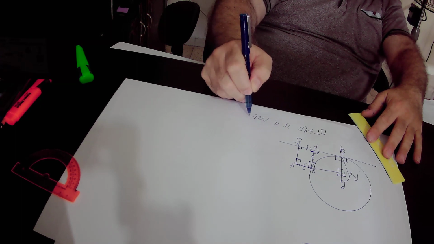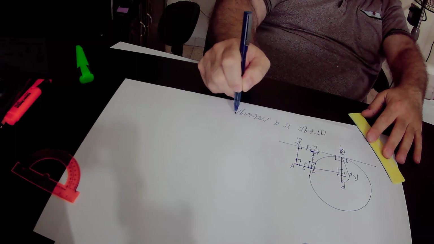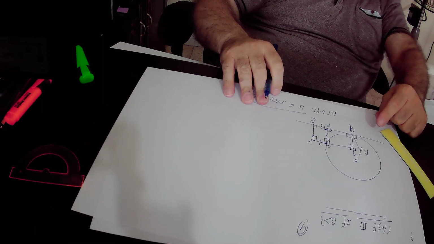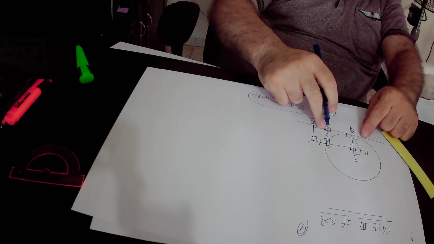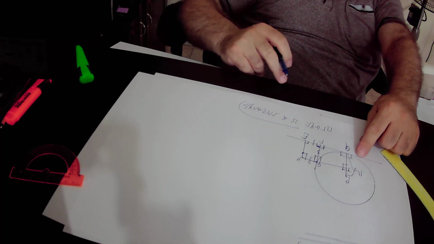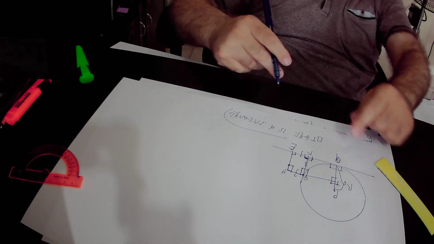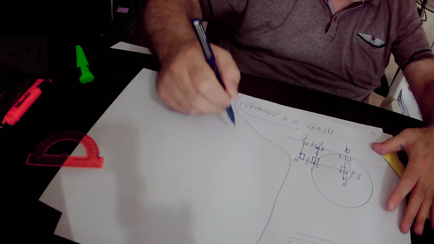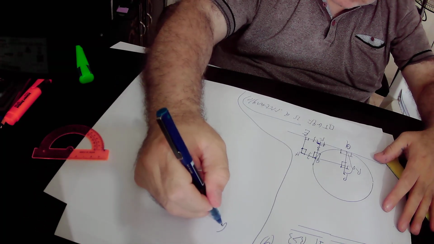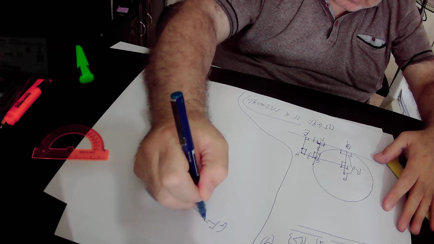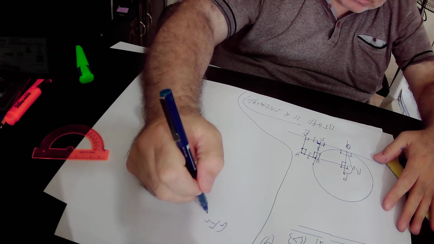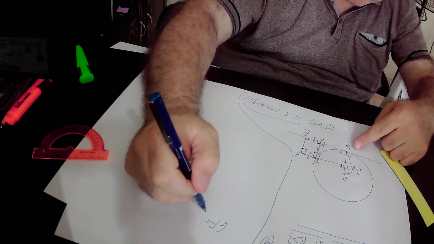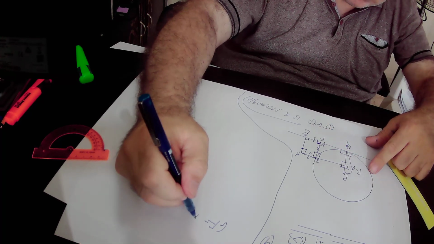And we know that the opposite sides of a rectangle are equal to each other. Okay, so here we get that GF equals TG. GF also equals TQ.